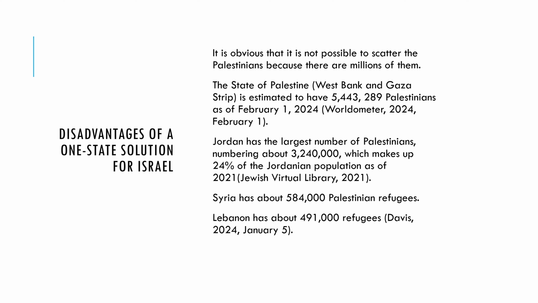Jordan has the largest number of Palestinians, numbering about 3,240,000 people, which makes up about 24% of the Jordanian population as of 2021. Syria has about 584,000 Palestinian refugees. Lebanon has about 491,000 refugees.